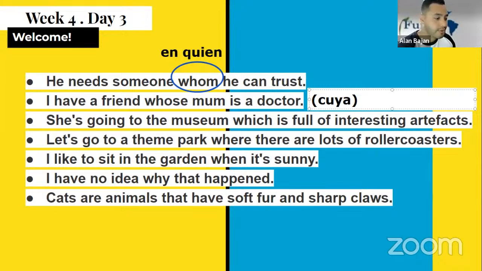In sentence number 3, she's going to the museum, which is full of interesting artifacts. Where is the relative pronoun in sentence number 3, class? Which.